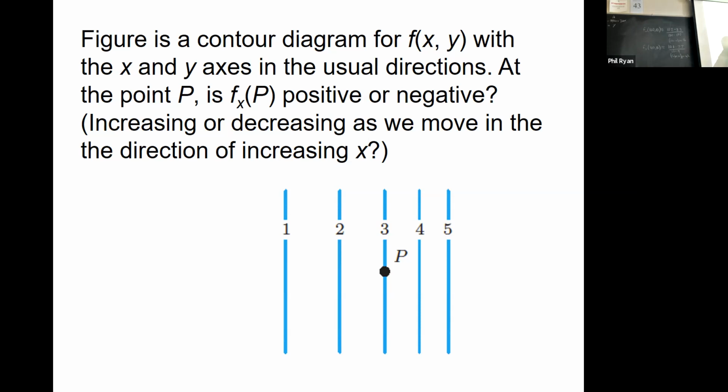Is the partial derivative with respect to x positive or negative going in this direction? What's happening? Increasing, so therefore positive. Exactly.